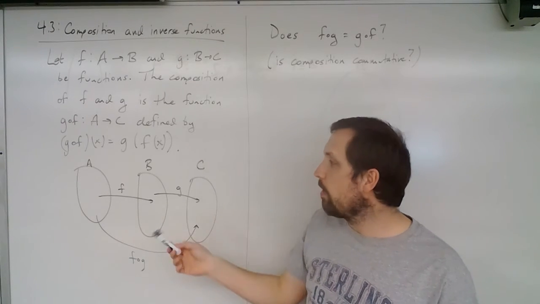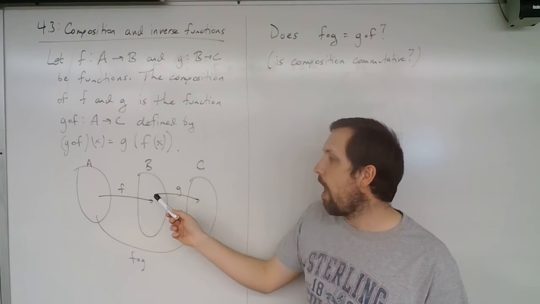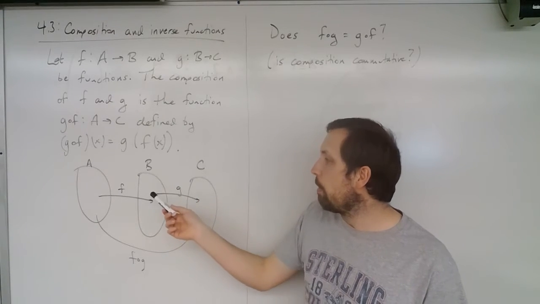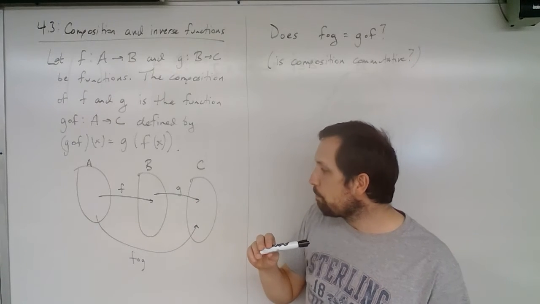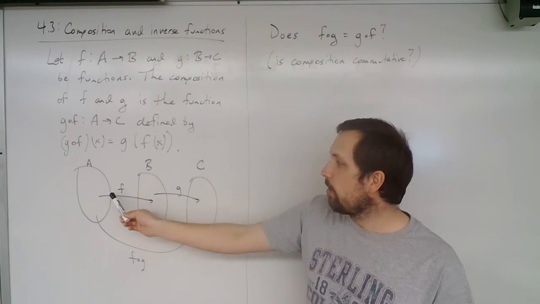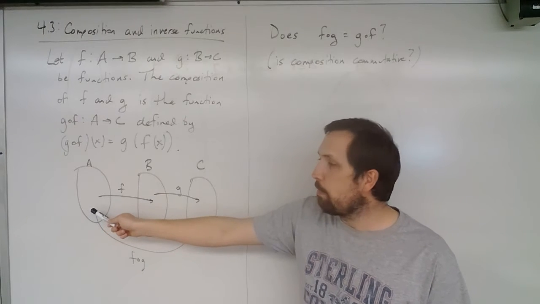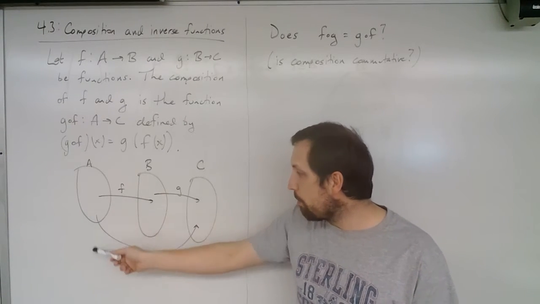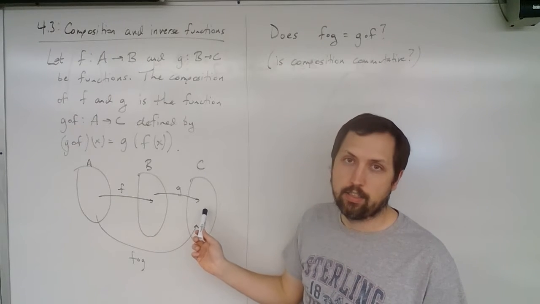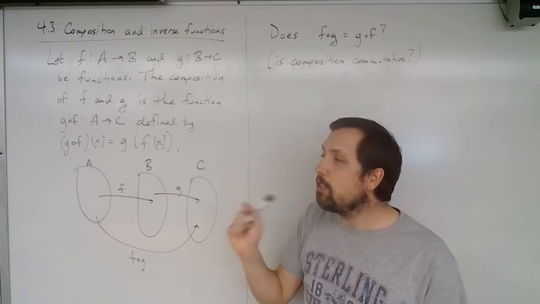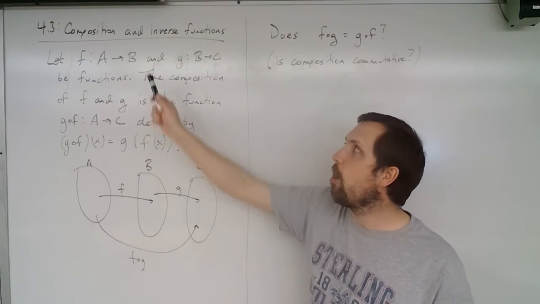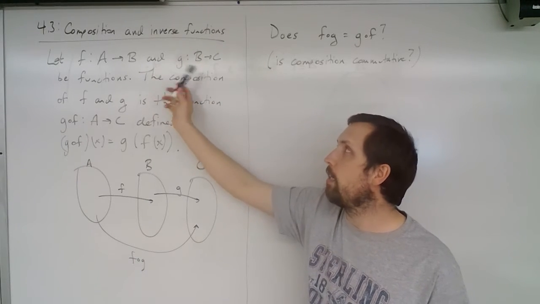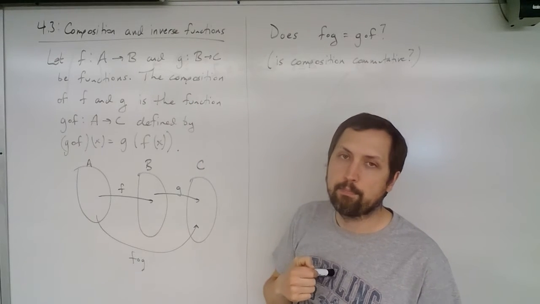If we didn't, then we might have issues of having every element in the domain of g be mapped to something in C. So we have this regular idea of these two functions, but the composition basically is going to take these elements in A and just pop them right out into C. So we essentially skip this as long as everything is okay with the domain and the codomain of these two being the same.